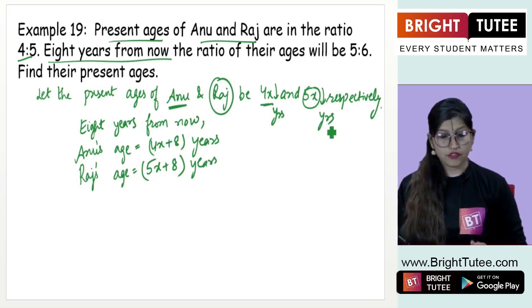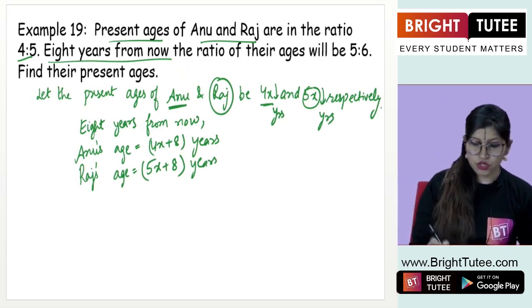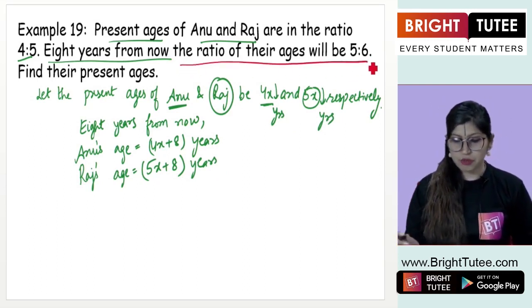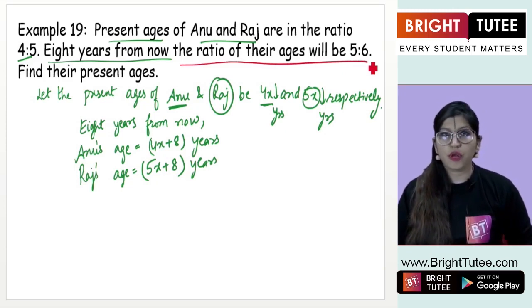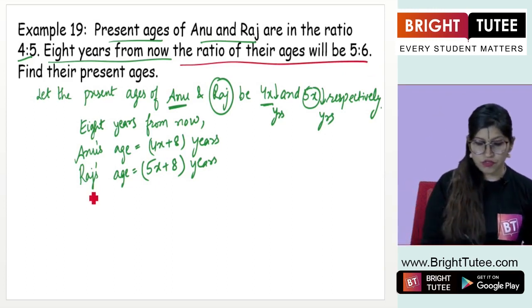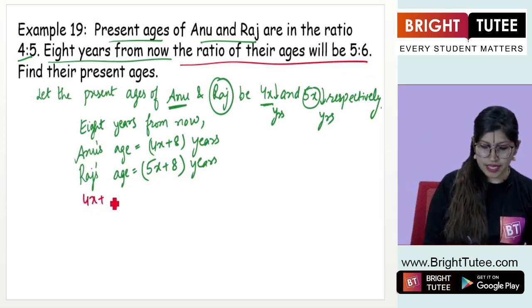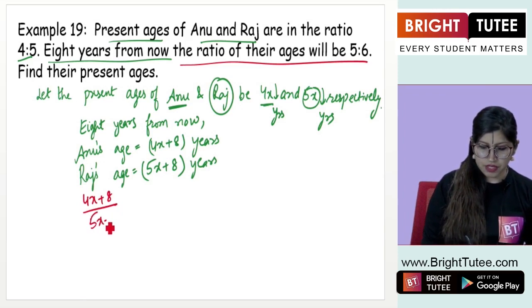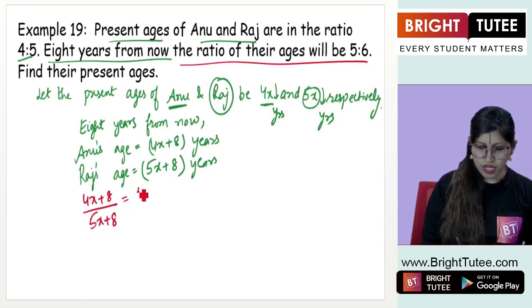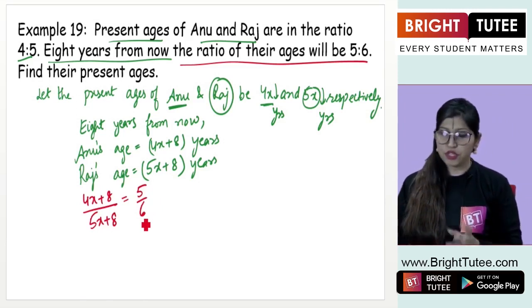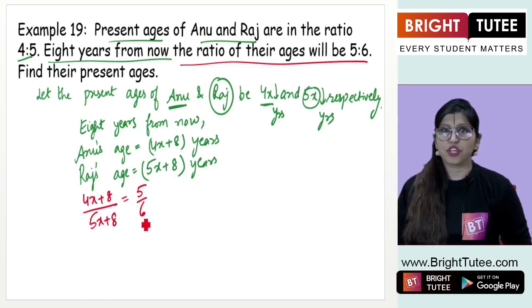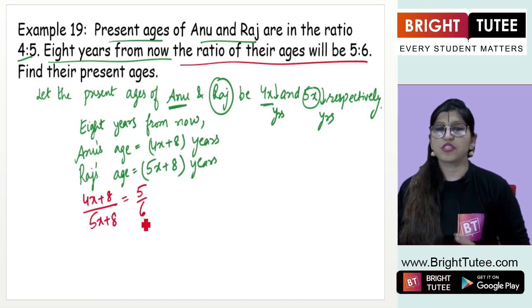Now, 8 years from now, the ratio of their ages will be 5:6. The ages 8 years from now are 4x plus 8 and 5x plus 8 respectively. So they've given that (4x+8)/(5x+8) is equal to 5/6. That means the ratio of these two ages is equivalent to 5:6, which is given.